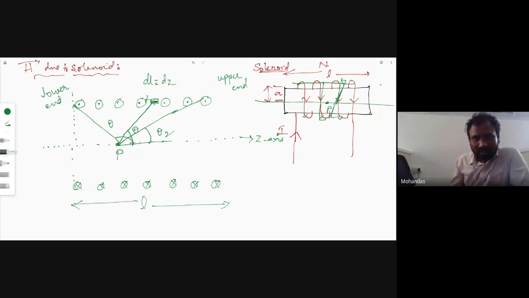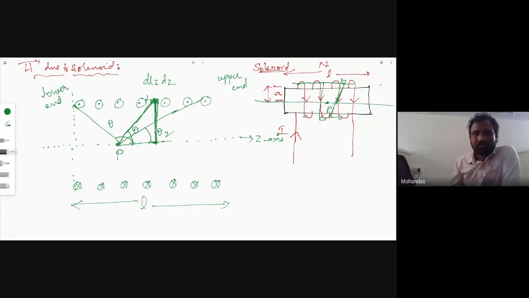If you draw a perpendicular line from the differential length to this axis, can you guess what is this length, from the axis of the loop to this differential length? What is the height of this one? Let us take this as a right angle triangle. What is this length? Please respond.